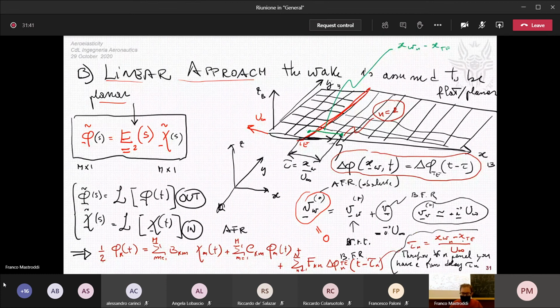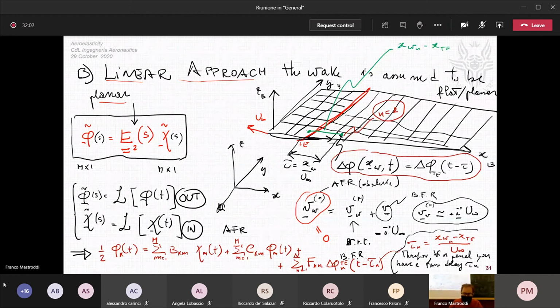Okay? Now, we need just a further piece of information. We have to connect this delta phi value to the unknowns of the problem, the phi on the panels.